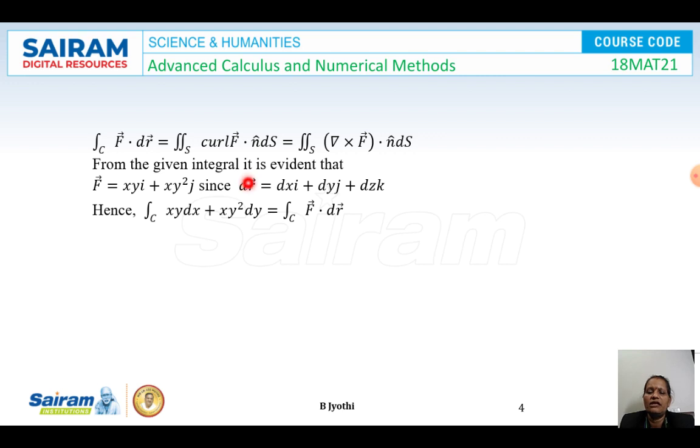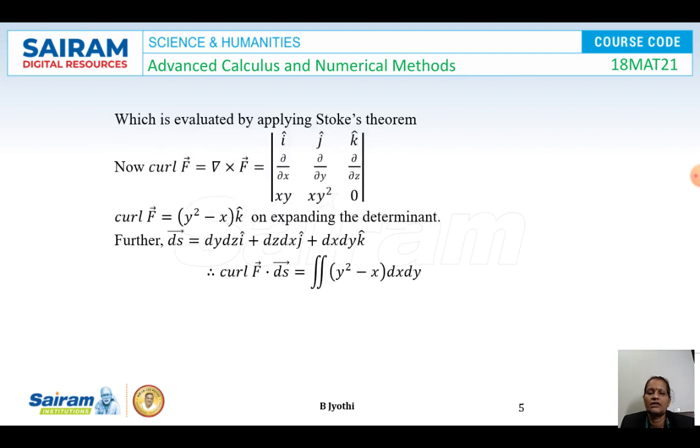From the given integral, it is evident that F is given by xy i plus xy square j, since dr is dx i plus dy j plus dz k. Hence multiplying F and dr by a dot product, we get xy dx plus xy square dy, and dz will not be there because the k term is not there. That is equal to F dot dr, which is evaluated by applying the Stokes theorem.